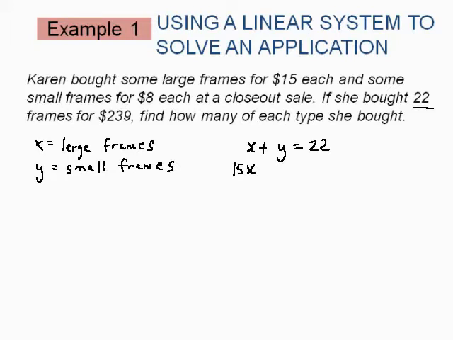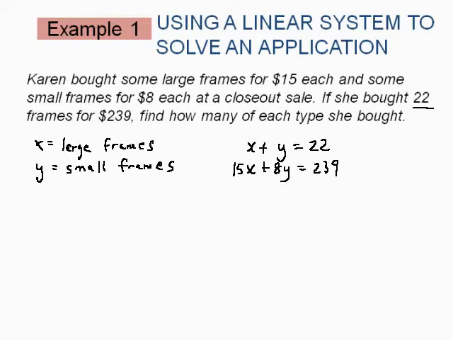In other words, if there was one large frame, $15, two, $30, three, $45, and so forth, plus 8 times the small frames, and the total for that would be $239. So you can actually use systems of equations in real life, and it will help you out.